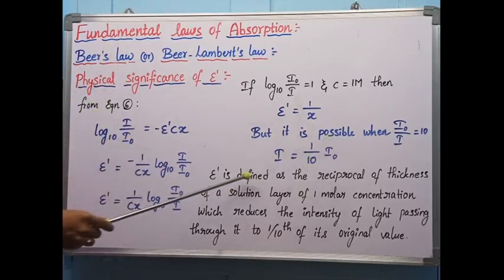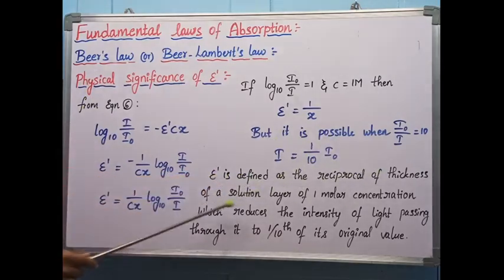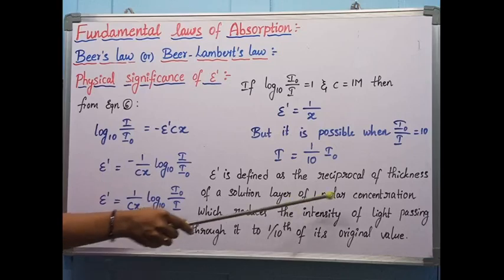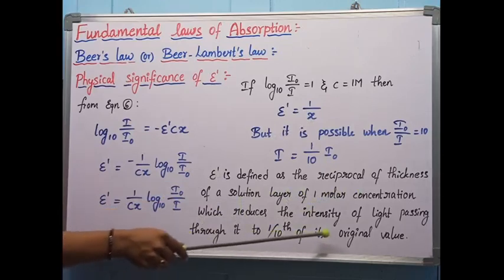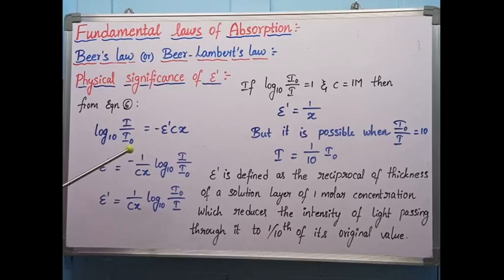So epsilon dash is defined as the reciprocal of the thickness of a solution layer of 1 molar concentration which reduces the intensity of light passing through it to 1 by 10th of its original value. Okay, so this is about the physical significance or importance of the molar extinction coefficient.